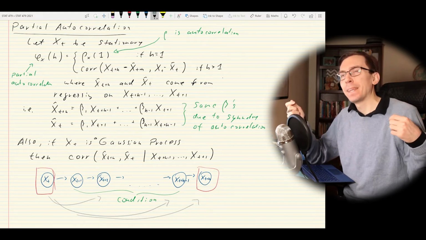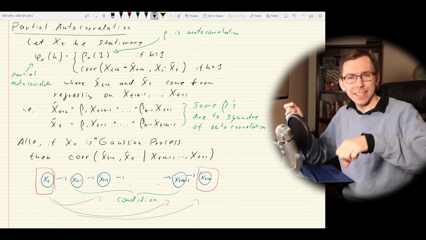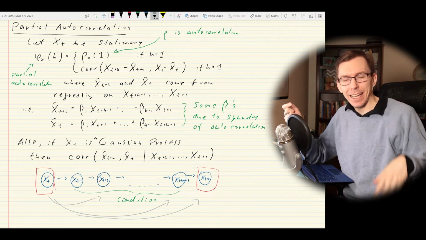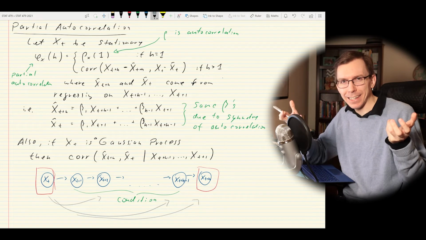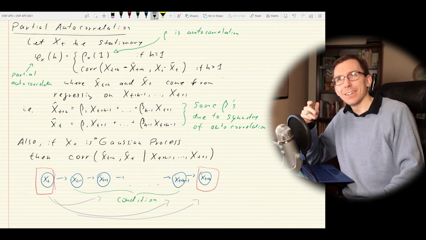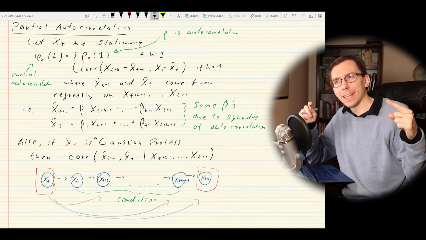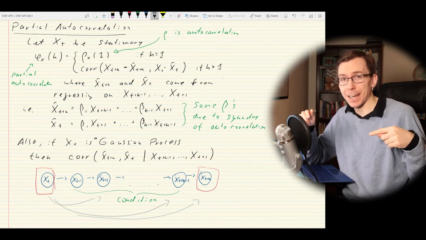Because you can think about partial autocorrelation as basically throwing out all of the intermediate nodes and saying, is there still a relationship between xt and xt plus h, even if I cut all of these ones out? And you can imagine that there's going to be a bunch of arrows between various time points saying which time points are directly influencing which other time points.